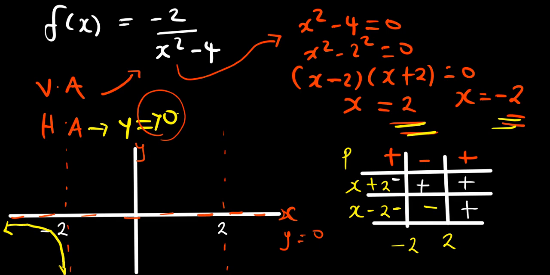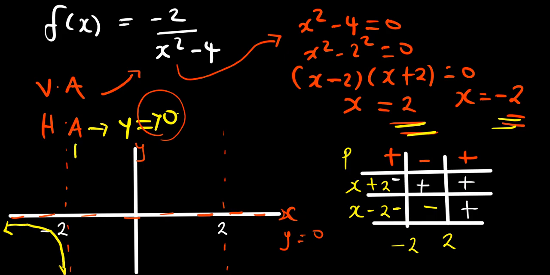Then from this region, we found that it was a negative, right? So this negative would divide with the negative, and that would just be a positive. So we're going to move in the positive.